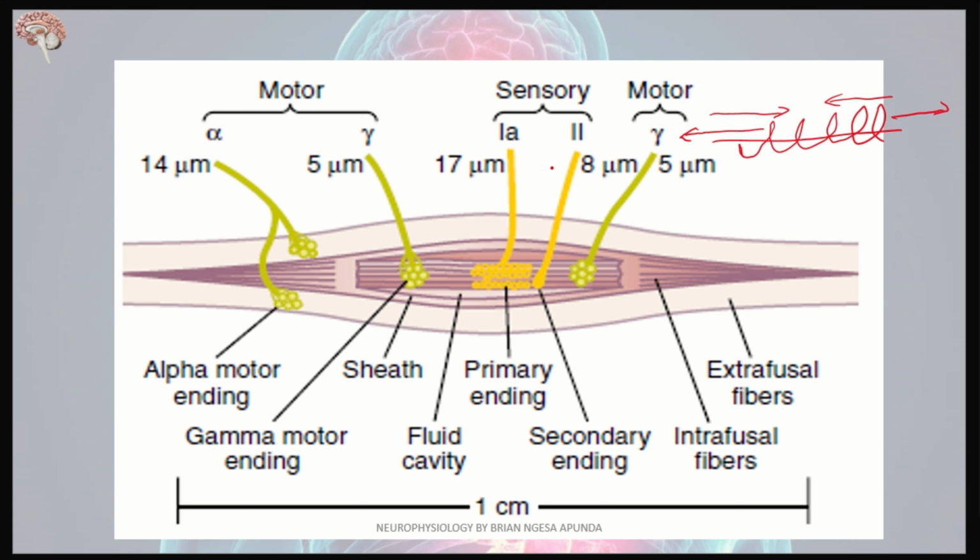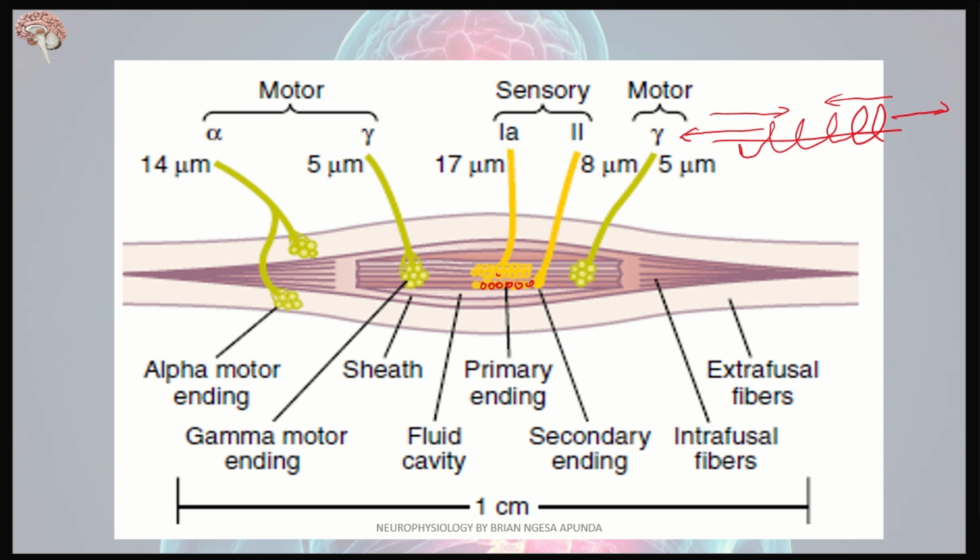So we'll be able to see the specific name depending on how the nuclei are arranged within this particular area. For the secondary, it could be that the nuclei are arranged in a chain manner. So this is how the nuclei are likely to be arranged, sometimes referred to as the linear chain.